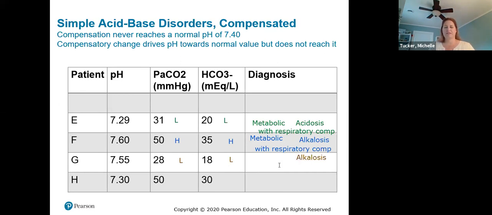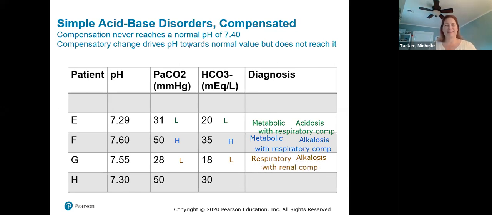And this one, would a low CO2 or a low bicarb cause alkalosis? Yep. So that's respiratory alkalosis with renal compensation.